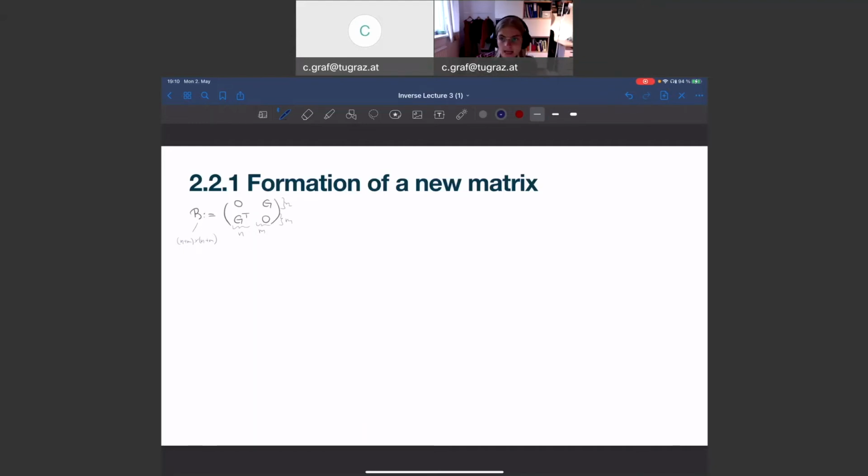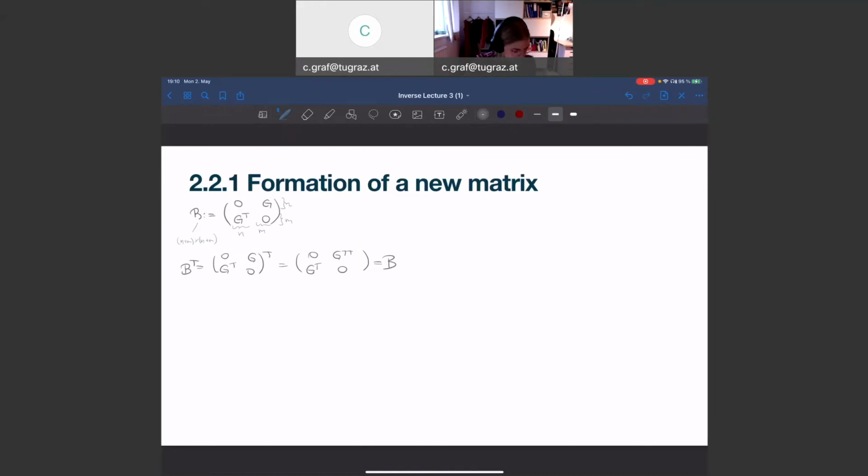There's something you should note. If we build B transposed, then we end up with B itself.